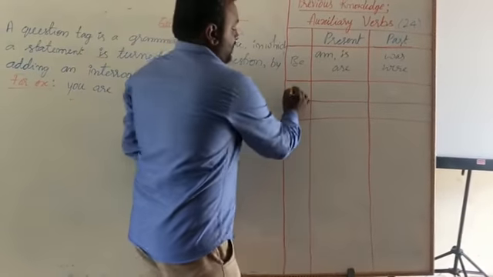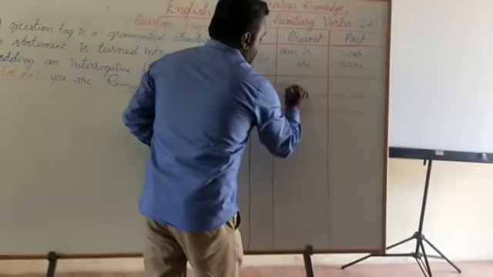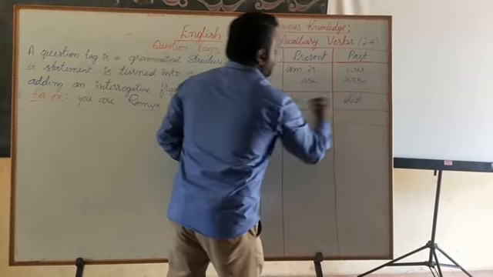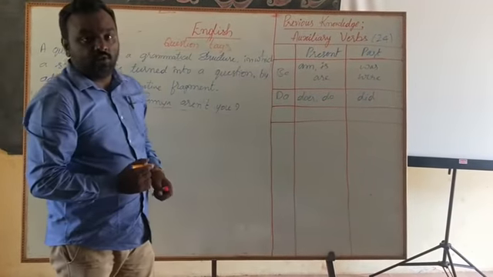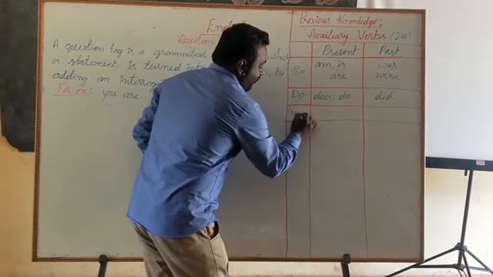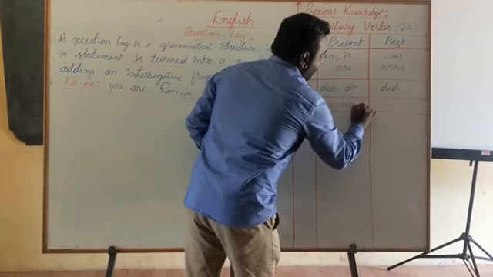The second one is do form auxiliaries: does, do, did. These 3 are called do form auxiliaries. The next one is have form auxiliaries: has, have, had.